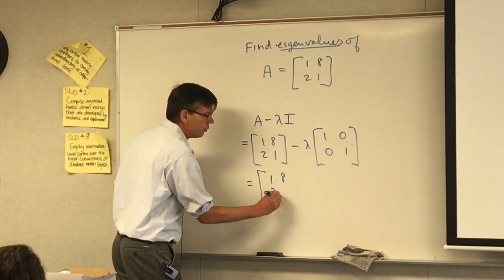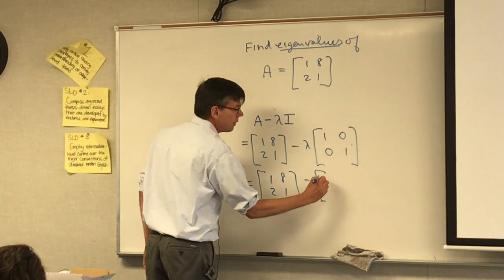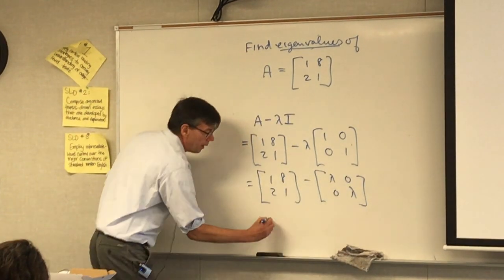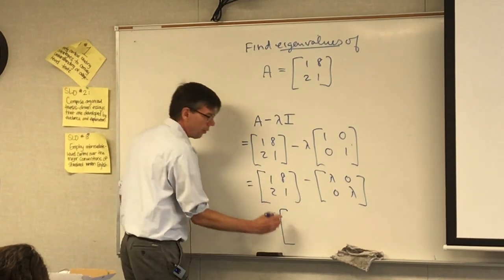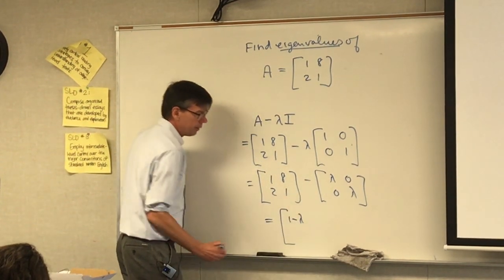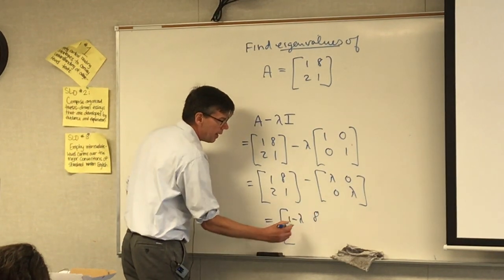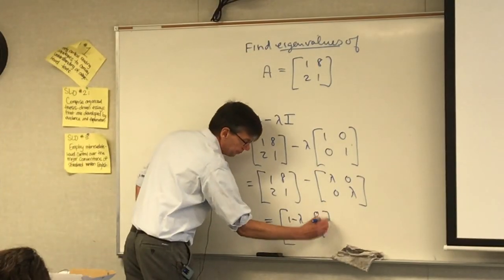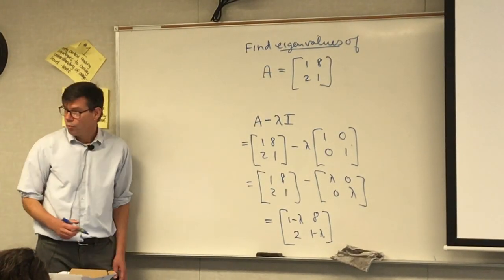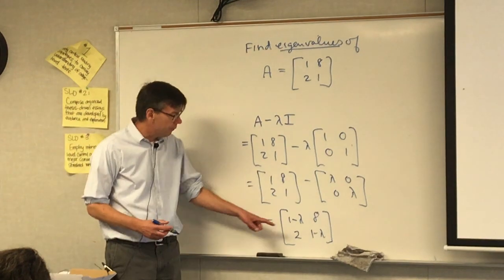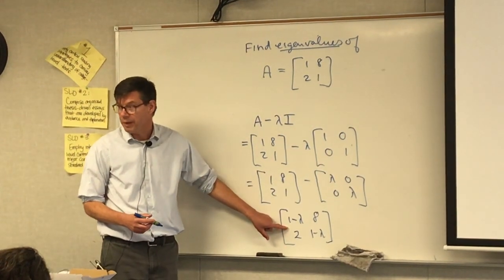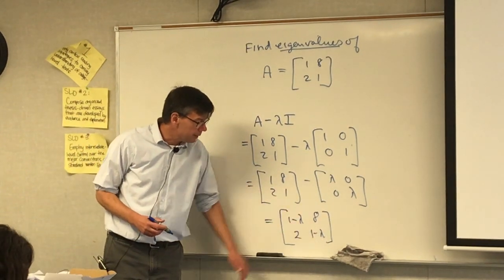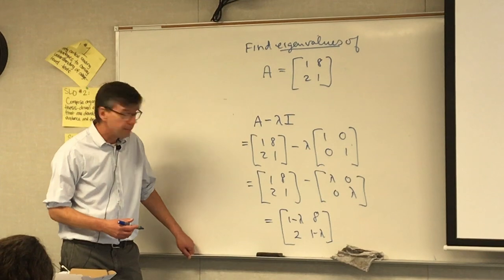I have [[1, 8], [2, 1]] minus [[lambda, 0], [0, lambda]], and so I end up with 1 minus lambda in the first position, then 8 minus 0 or 8, 2 minus 0 or 2, and 1 minus lambda in that fourth position. We're going to get very comfortable going right to this form of the matrix, noticing that we have these minus lambdas being subtracted on the main diagonal.